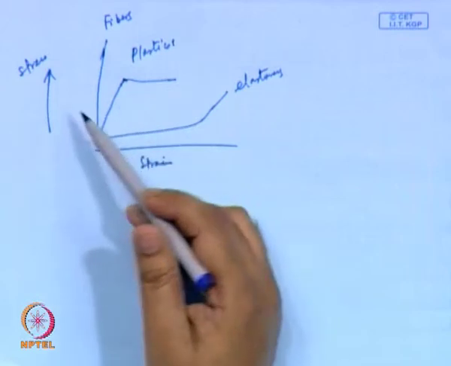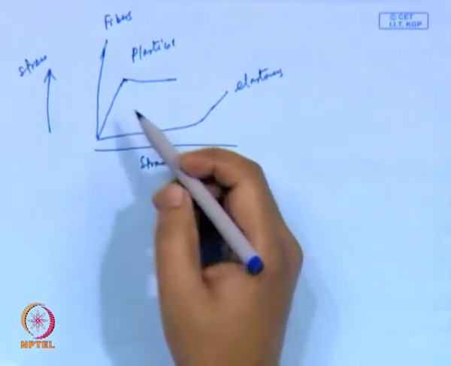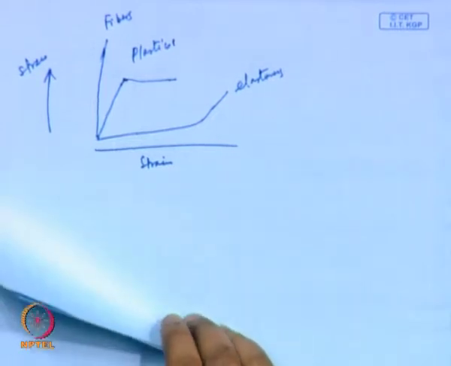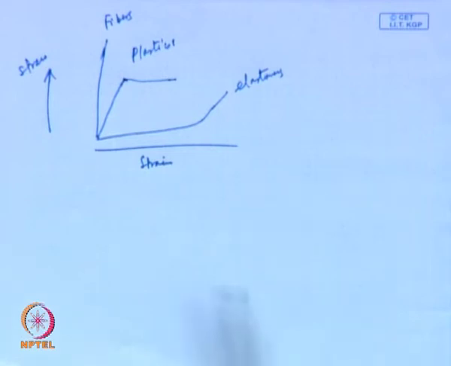That is the example of plastics giving this type of stress-strain curve. We will talk about this more when we come back to the mechanical properties of polymers.